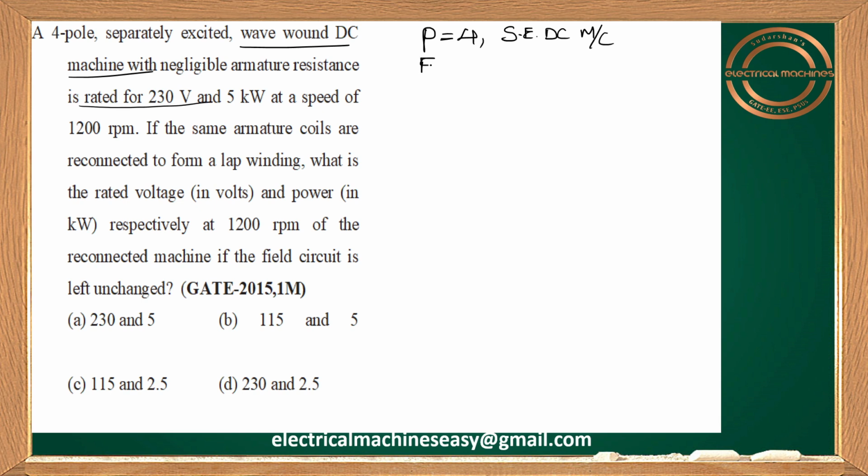So he has given the number of poles as 4. When the armature winding is wave wound, E wave is 230 volts. And the power he has given is 5 kilowatts, at a speed of 1200 rpm.